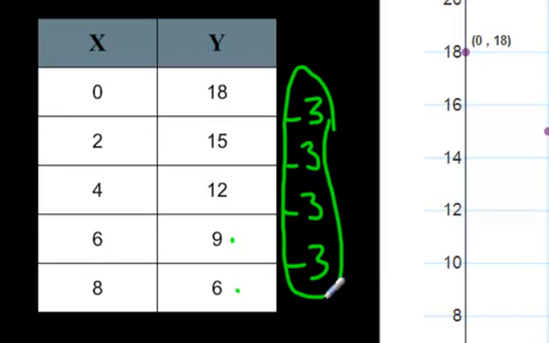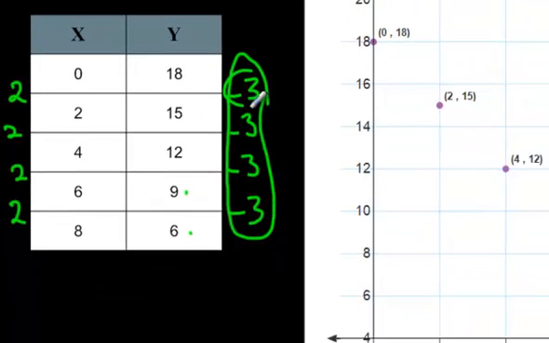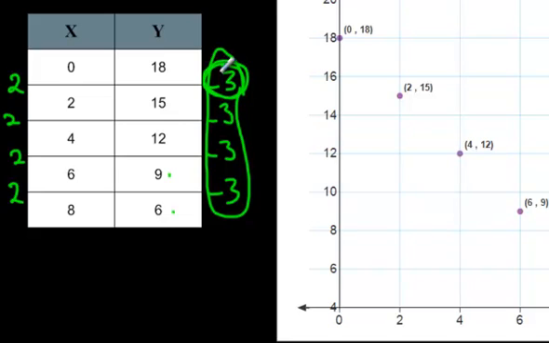If you want to quickly find the slope, if they were given this, well, you know the trick from the last unit. 8 minus 6 is 2, 6 minus 4 is 2, and you keep getting 2's. So the slope is going to be the first difference here divided by what you get right here. Negative 3 over 2. Notice negative 3's, all of these had to do with the y value.